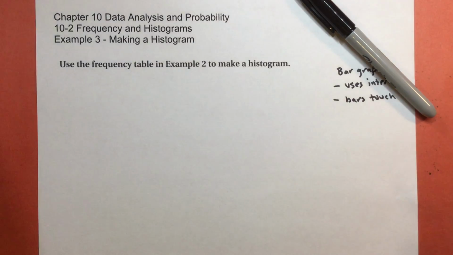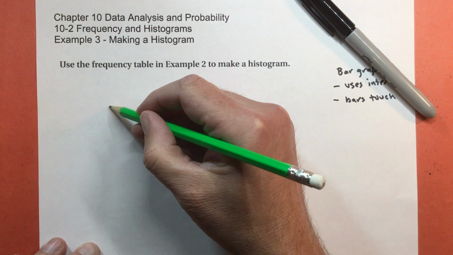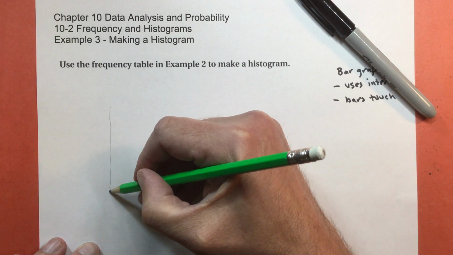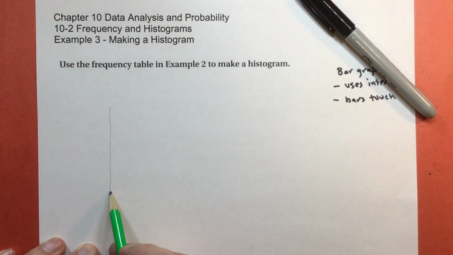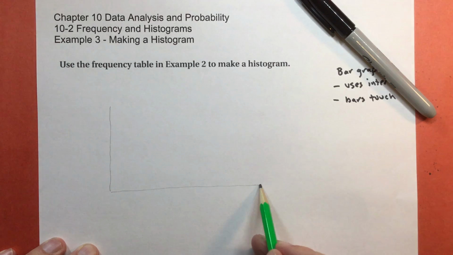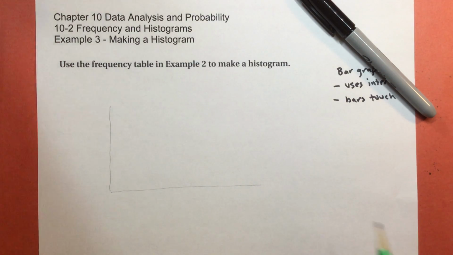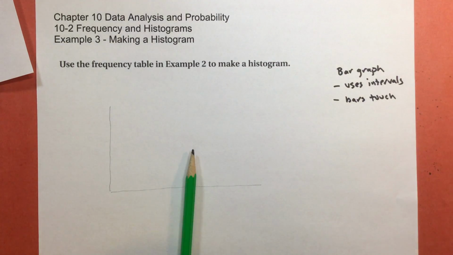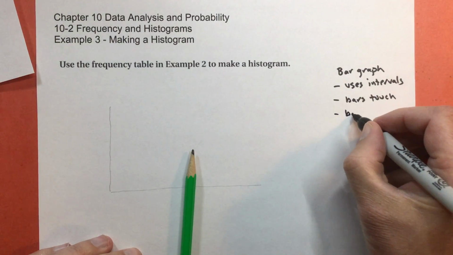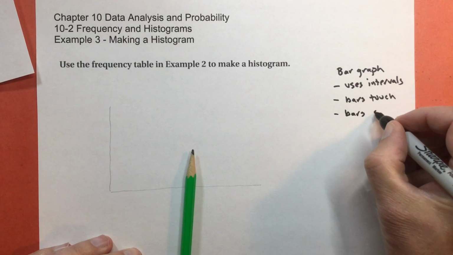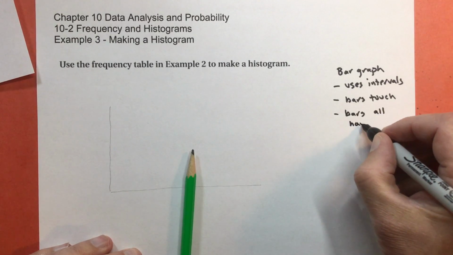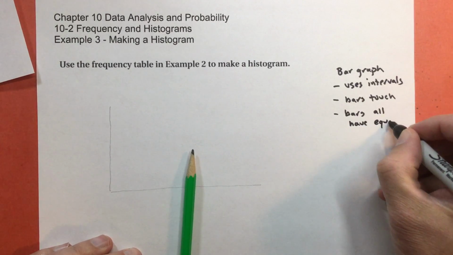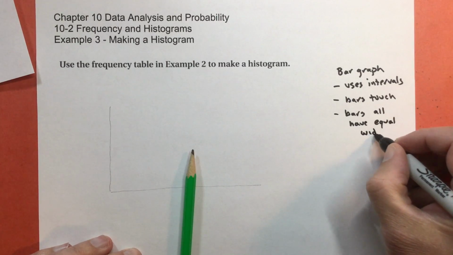All right? So to sketch my graph, and again, I'm just using my pencil here. Hopefully you guys can see that. I've got 5 intervals. And that's something else. Let me write it this way. The bars all have equal width.